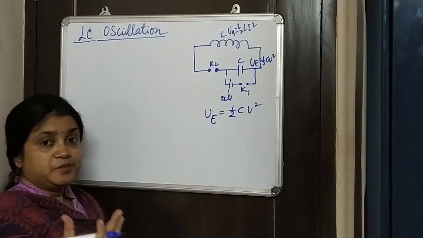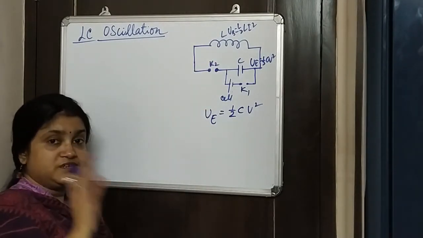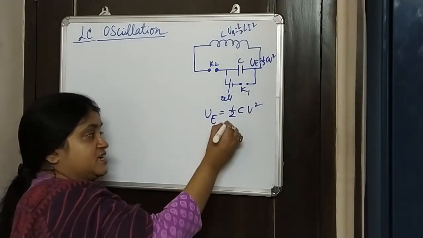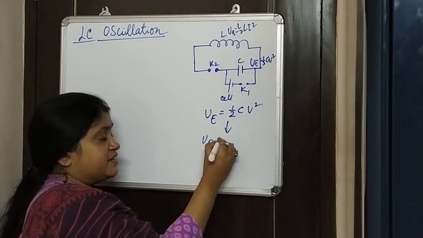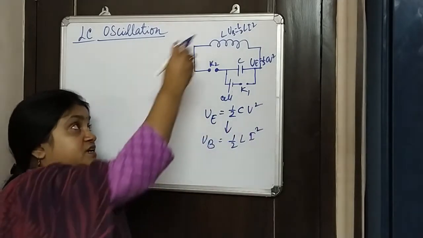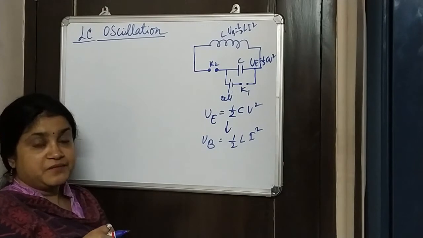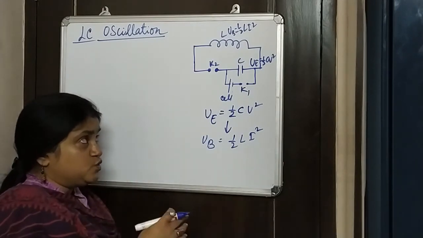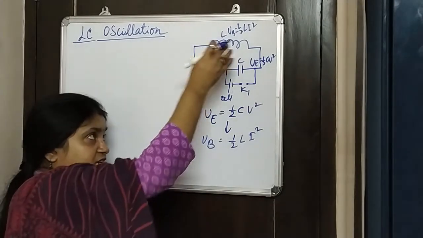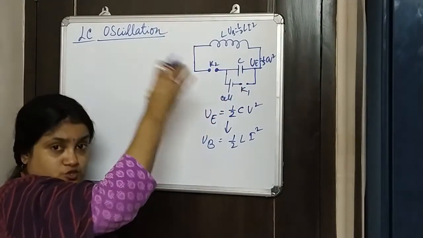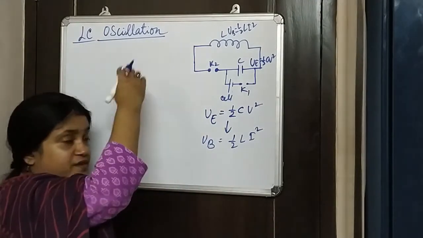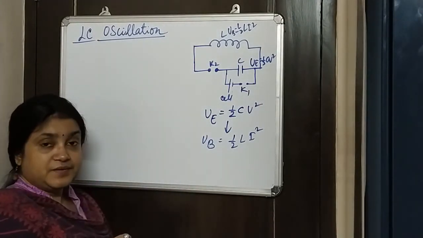There would be a particular point where the capacitor is totally discharged and this whole electric energy is converted to the magnetic energy, which is half L I square, around this inductor, right? As soon as the capacitor is totally discharged, the electric energy stored is 0, and this is the total magnetic energy that is there.